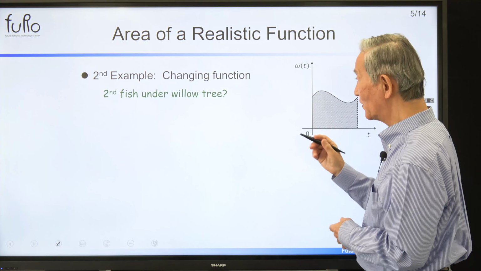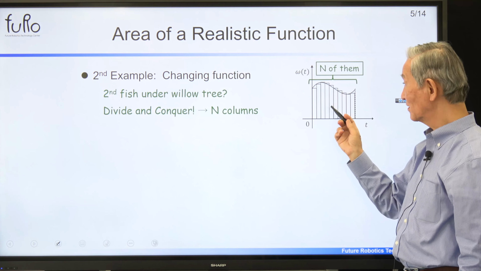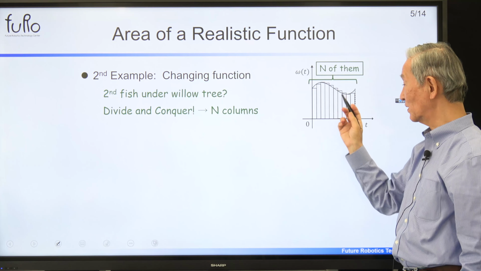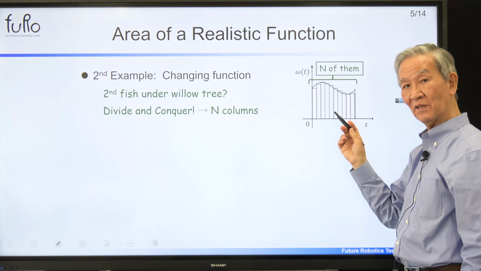We know how to compute the area of a rectangle. Therefore, divide and conquer: n columns here, n of them. Each one of them is a rectangle, so for each one we can compute the area. And as you can see, the total sum of those areas must be very close to the original area we wanted to compute.